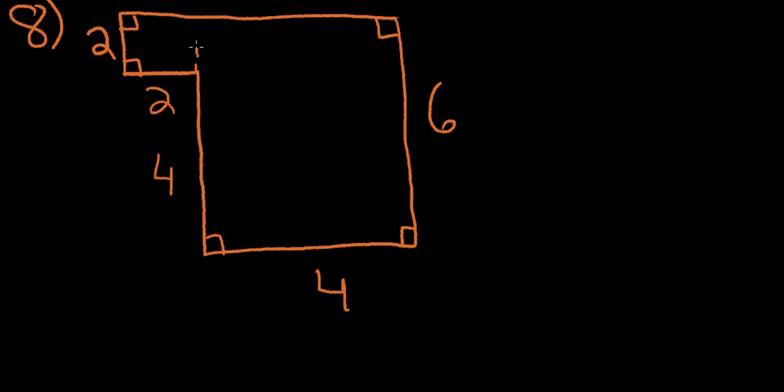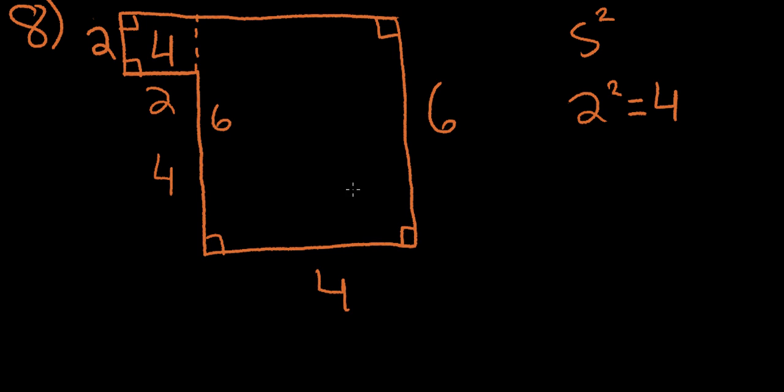And now what we can do is split a line right here. So we get one small square and one big rectangle. We're trying to find the area of the entire figure. Let's find the area of this little square. The area of a square is side squared. So it's 2 squared, which is equal to 4. And this rectangle, well, since there's 2 here and 4 here, the length of this side is also 6.